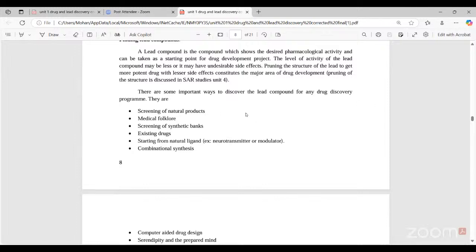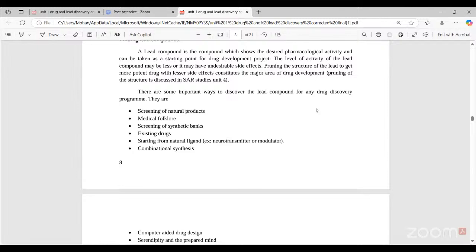Screening of natural products includes medicinal products like the ancient, traditional, tribal drugs.